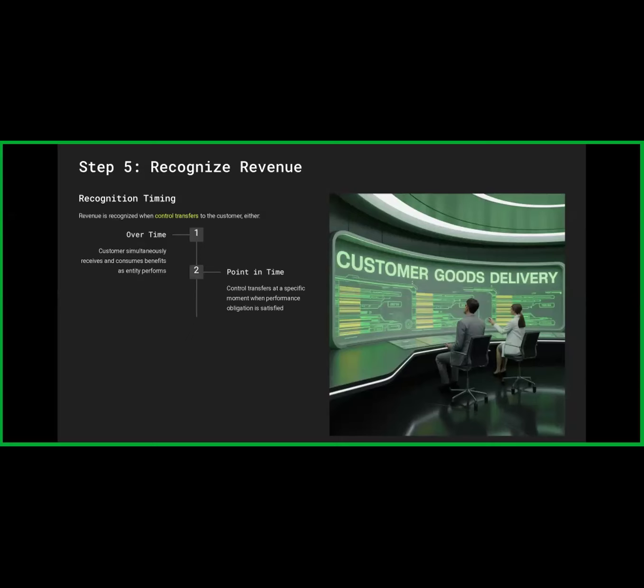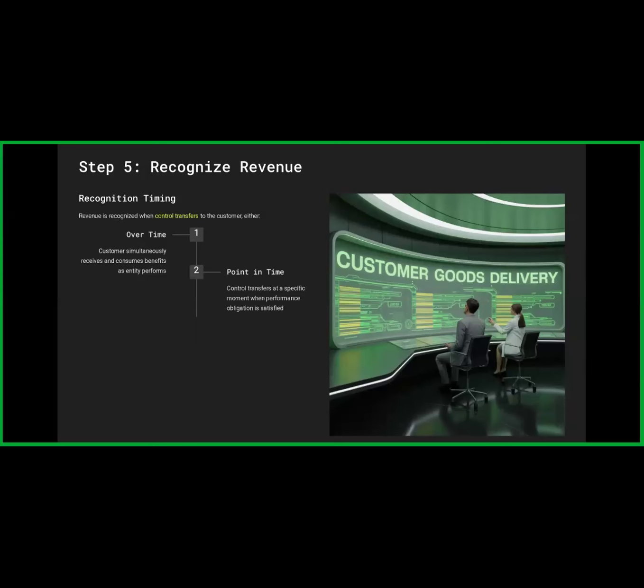The company gets the revenue by two different methods. The first is over time: at the same time as the delivery of the goods and services, the company gets its revenue.